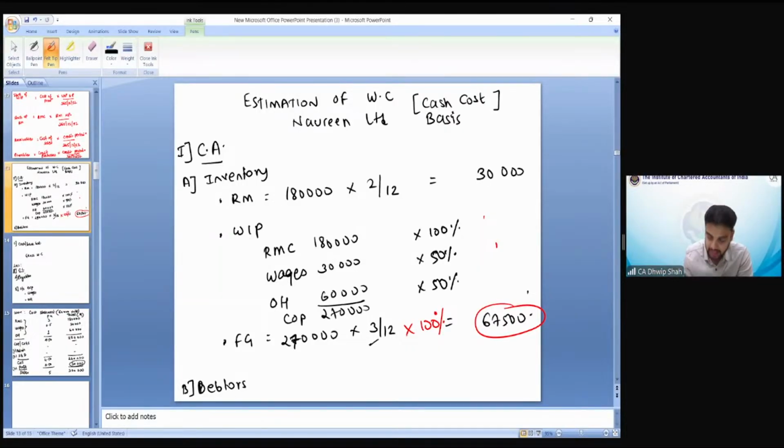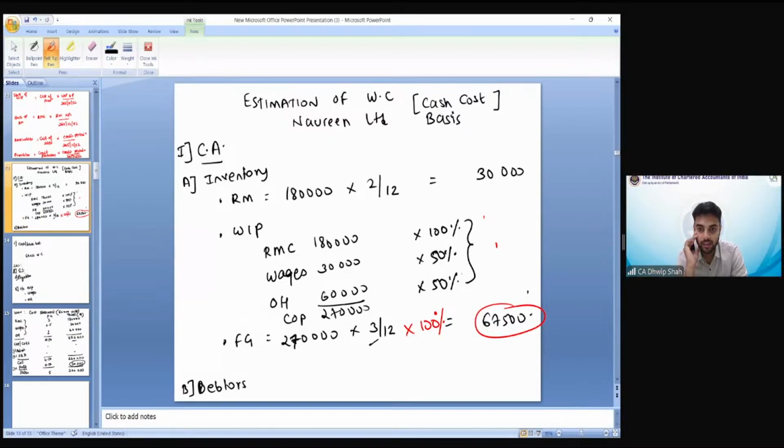This is the standard assumption of this chapter as far as WIP is concerned. Following? If question specifically says that raw material is 80% complete, then take 80%. Wages is 40% complete, then take 40%. Overhead is 60% complete, then take 60%. But what if question does not specify any percentage completion? Then this is the standard assumption 100-50.